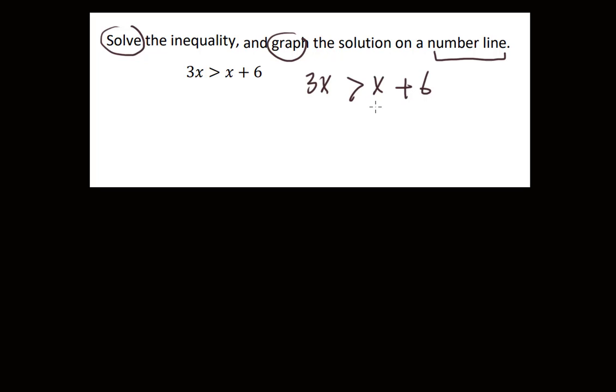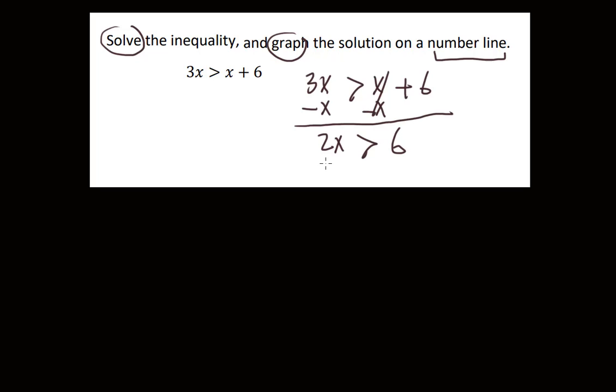To solve that, we will use the inverse operation by subtracting 1x from the left and right. That will allow us to move all the variables to one side. So 3x minus 1x is 2x. 2x is greater than x minus x is 0, then we have 6. Now we have all the variables on one side and the numeric on the other side.